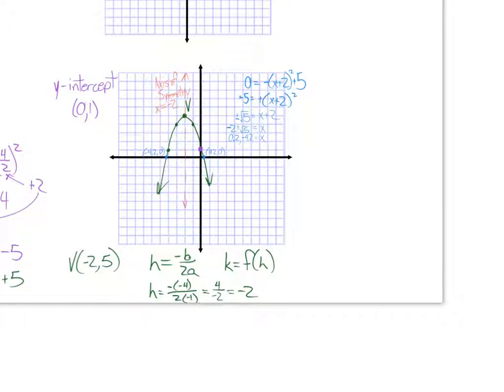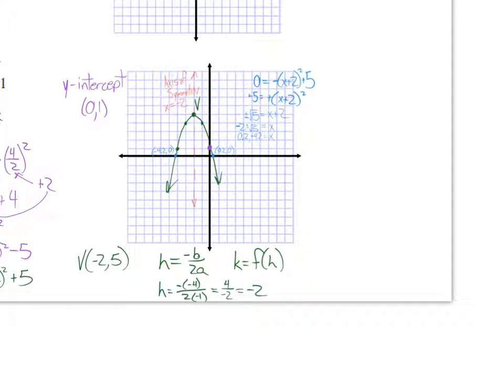So now, if I find f of -2, plug it in. I get a negative times -2 squared minus 4 times -2 plus 1.